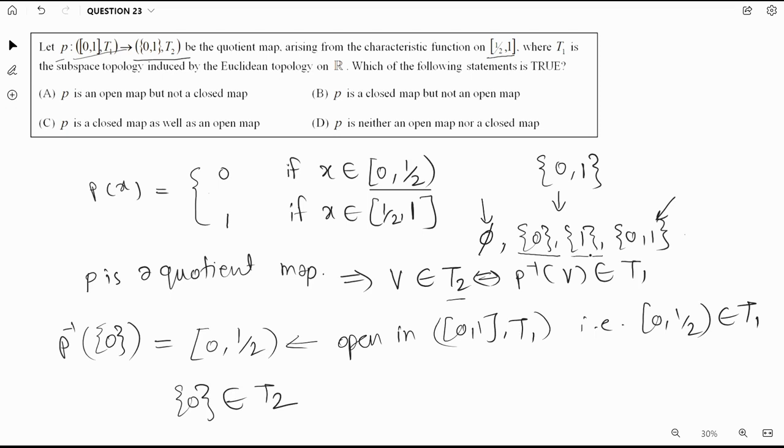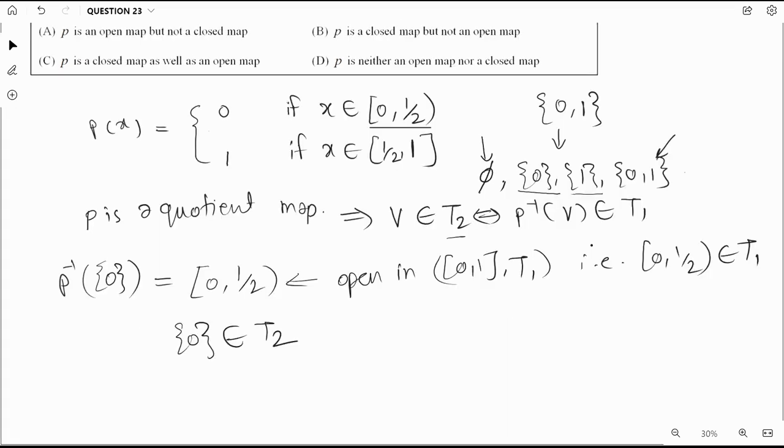So therefore, by the definition of quotient map, we have {0} belongs to T2. Similarly, is {1} an open set in the codomain? Let's find P inverse of {1}. It is this closed set [1/2, 1].